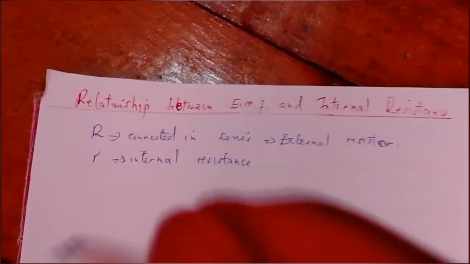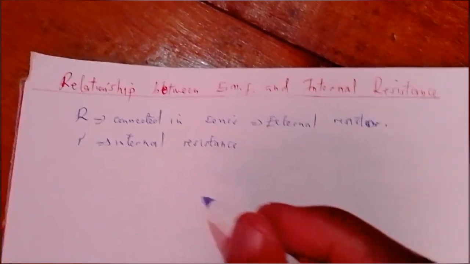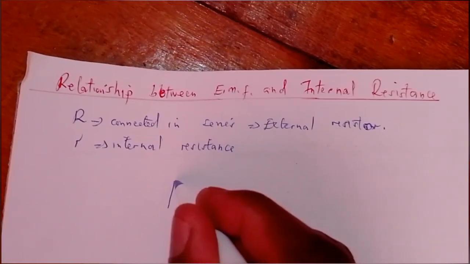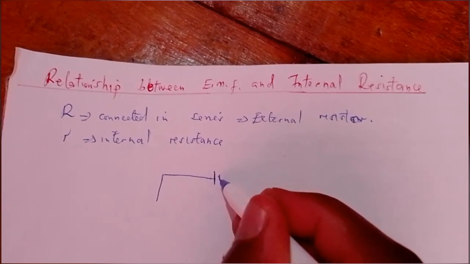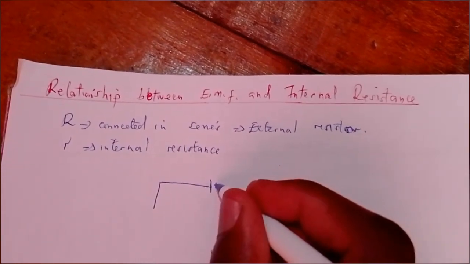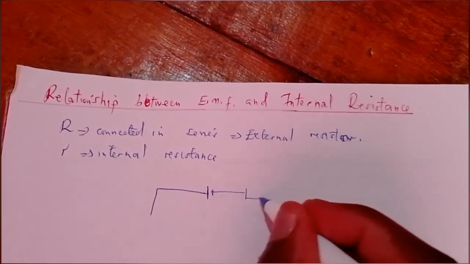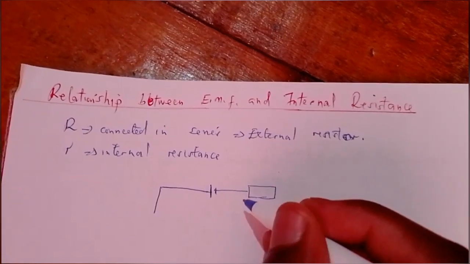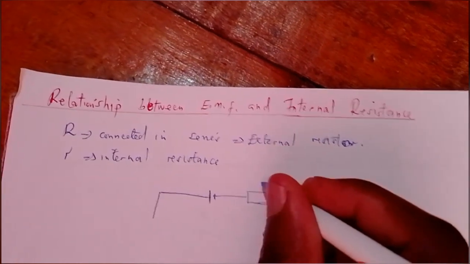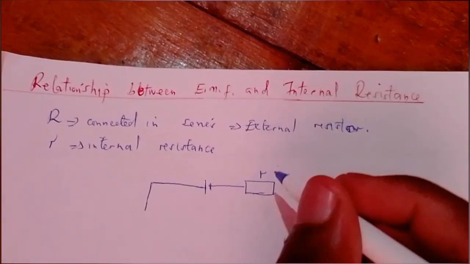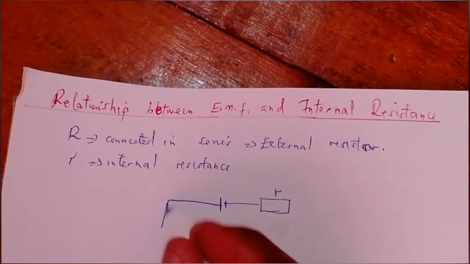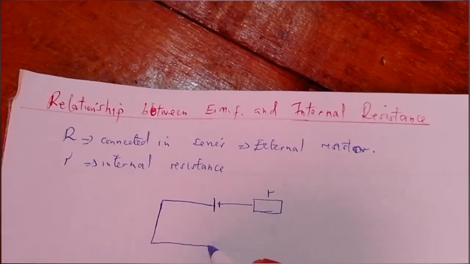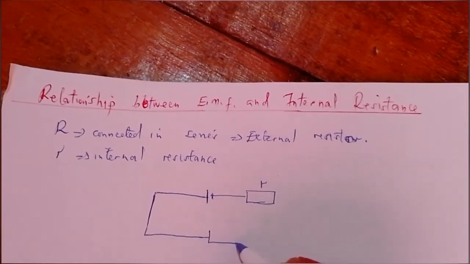So here is a sketch or an illustration to show what I'm saying. This is the cell, then this is the internal resistor. Can have r here.